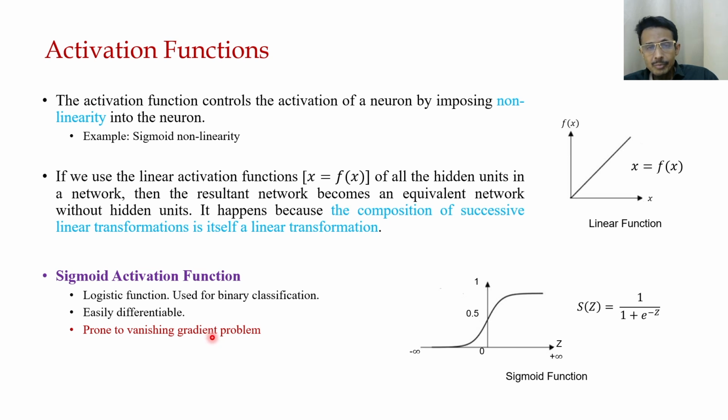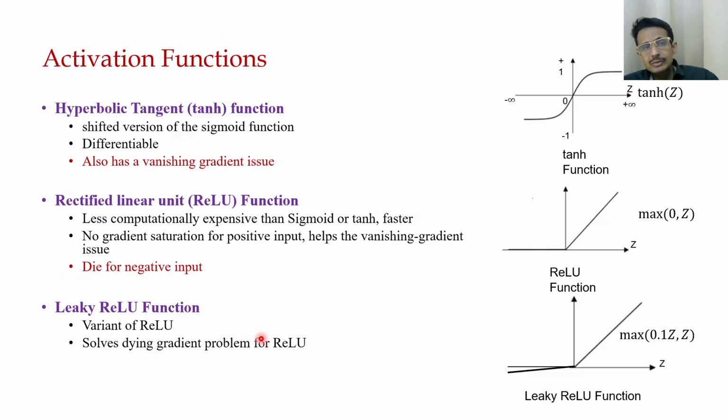And if it is very small, then the weight updating procedure becomes meaningless, mostly for the initial layers. So that's why the sigmoidal activation function is prone to the vanishing gradient problem. Next is the hyperbolic tangent, the tanh function.